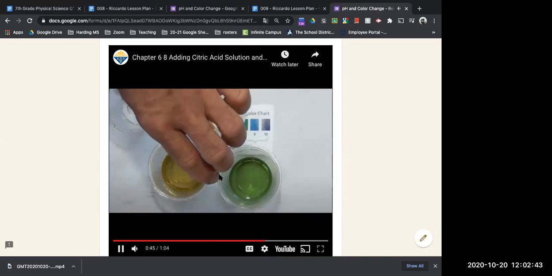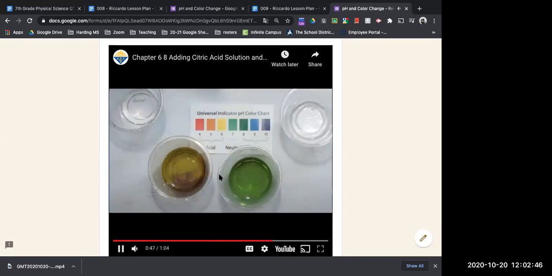When we add more sodium carbonate base, the pH will continue to increase. The new pH is around 7. We have neutralized the citric acid by adding sodium carbonate.